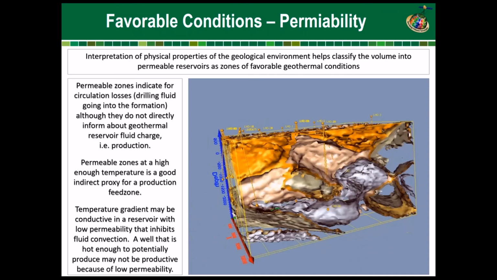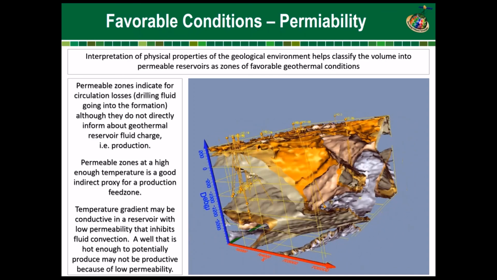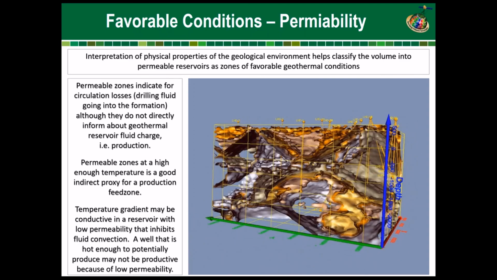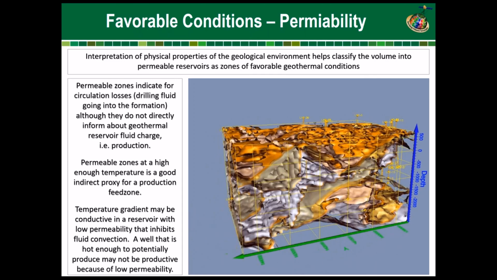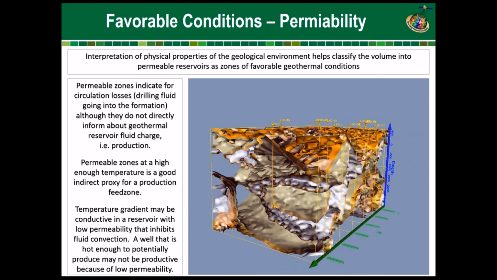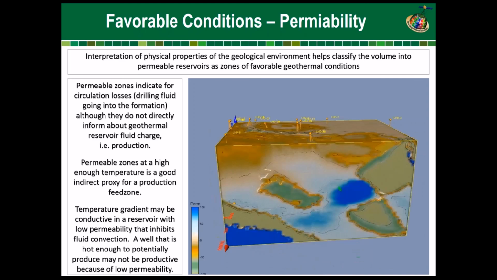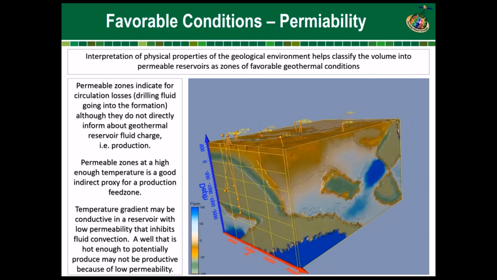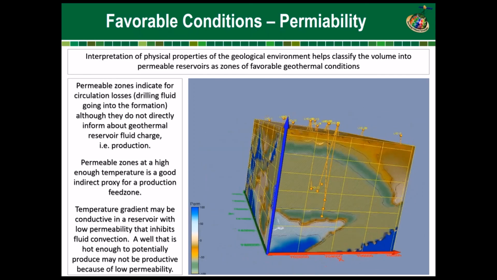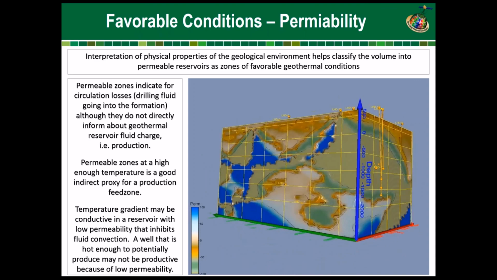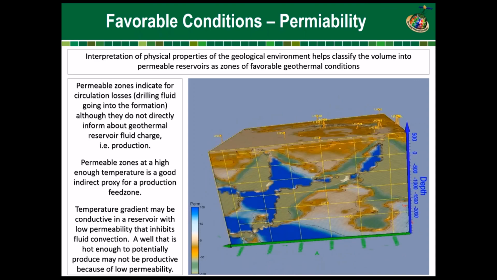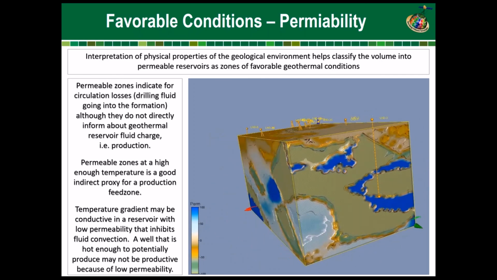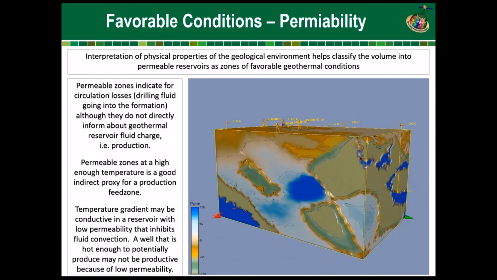Permeable zones indicate circulation losses, for instance, drilling fluid going into the formation, although they do not directly inform about geothermal reservoir fluid charge, meaning production. Be as it may, permeable zones are very important as very often they correlate with great geothermal productivity. Permeable zones at a high enough temperature are good indirect proxies for production feed zones.